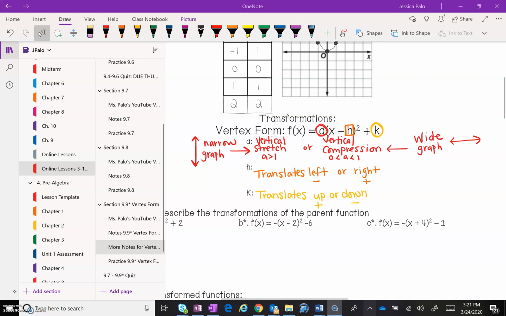If A is between 0 and 1, so if A is a fraction, we are going to get a vertical compression. So that means how wide the graph is going to change. It's going to be a wider graph. And as always, if A is negative, we are going to have a reflection over the x-axis, which means the parabola is going to open down.